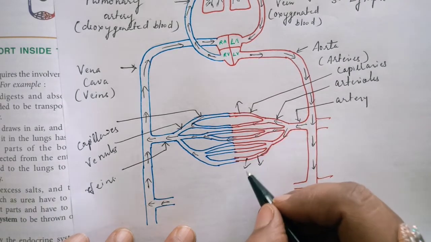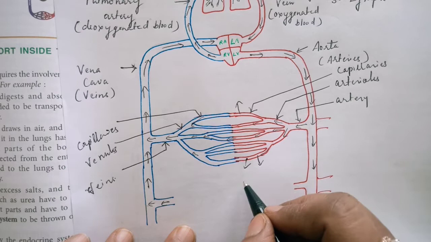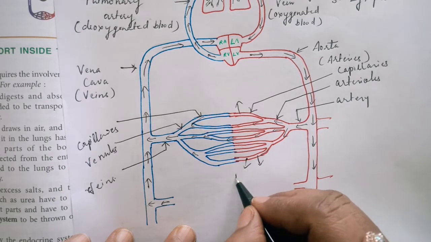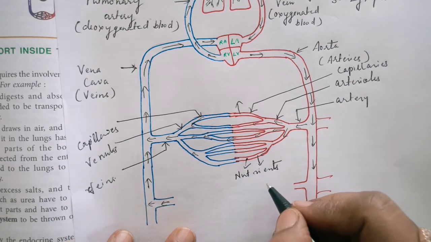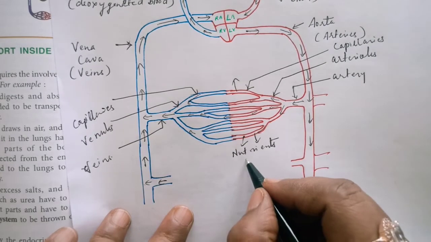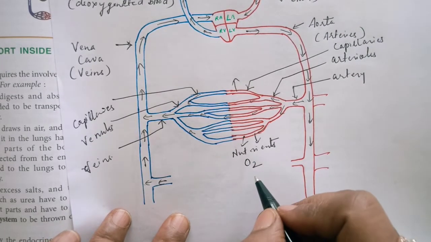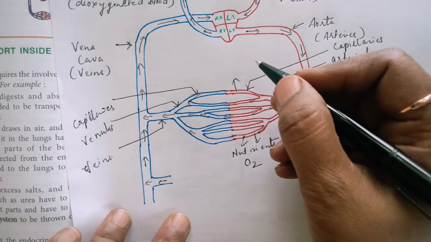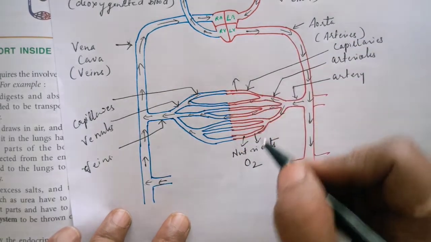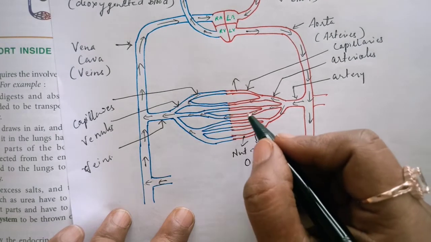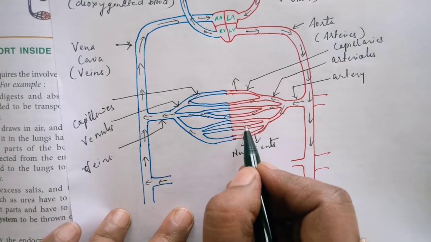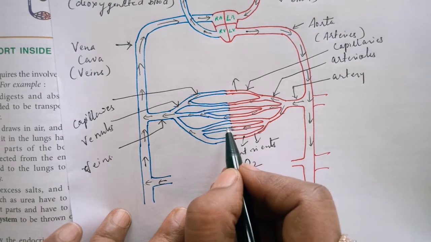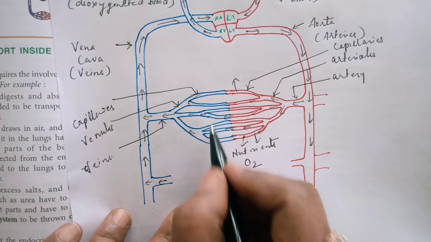And along with this liquid part which is coming out, certain nutrients which are being carried by the blood to various parts of the body, and oxygen which is being carried by blood, diffuse out and reach the various cells present in that organ. When oxygen and nutrients have diffused out, the blood flowing through these capillaries is now coming to this part of the capillaries.